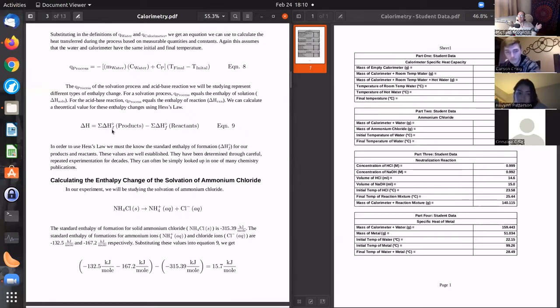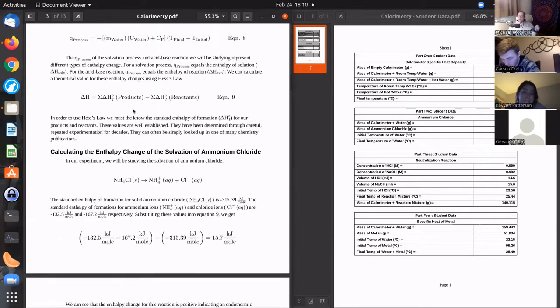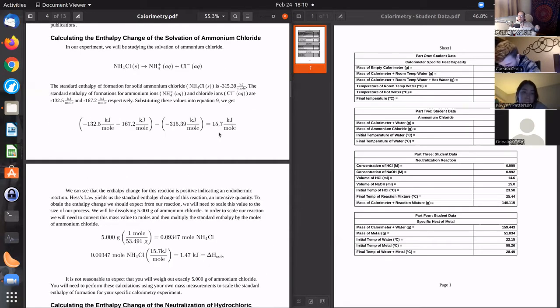That's what this term right here means. Okay. It looks like I'm subtracting them because they were both negative to begin with. I skipped the part where I resolved that negative sign there. I'm subtracting from that the standard enthalpy of formation for ammonium chloride because that is our reactant. And I get 15.7 kilojoules per mole. Okay.